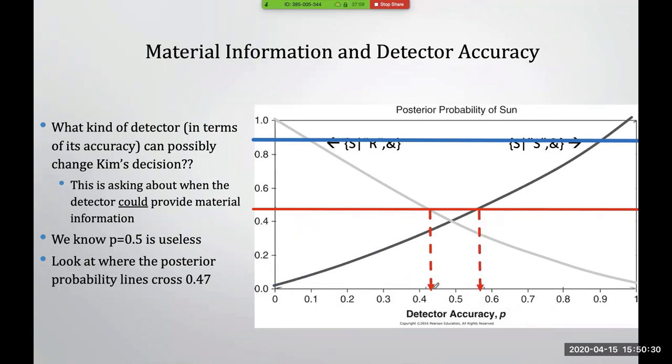So, as it turns out, detectors with accuracy in this range are absolutely not useless, but provide absolutely immaterial information, because no matter what the message is, Kim would always choose indoor. For example, suppose you're looking at a rain detector with an accuracy over here.